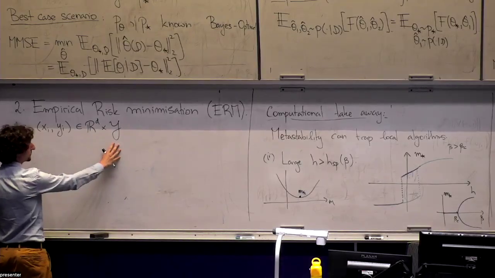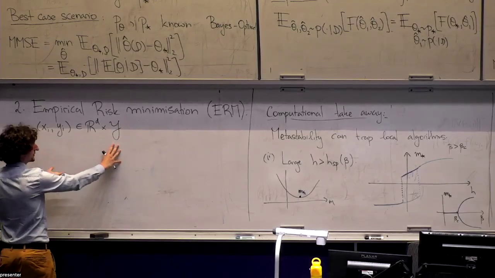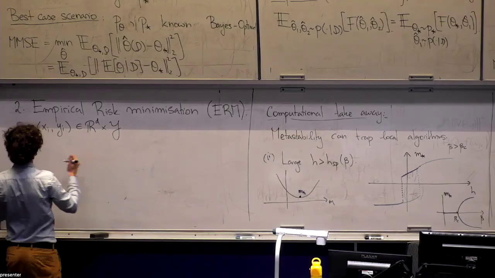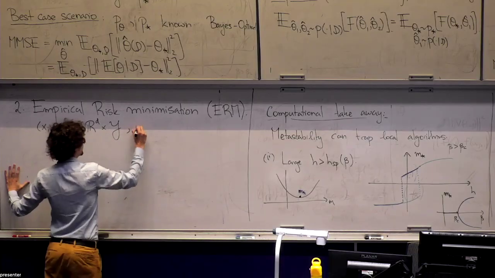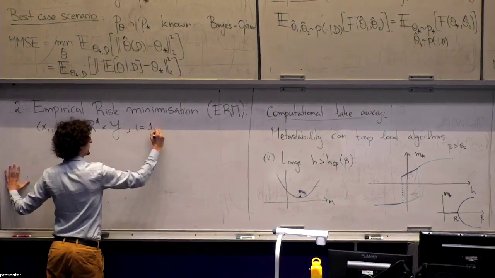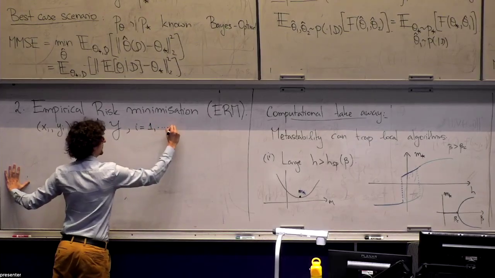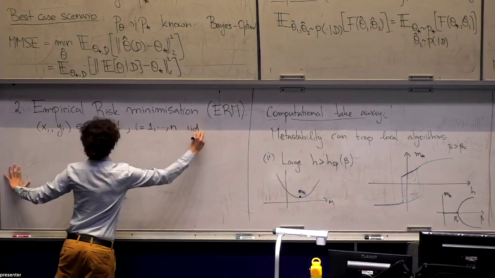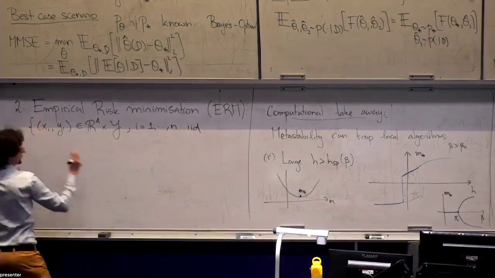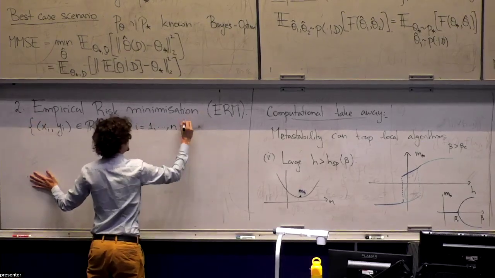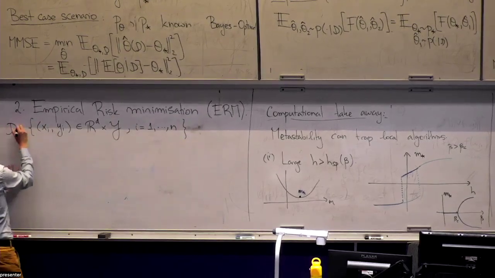You have some label space. If you're doing classification, this is a discrete set. If you're doing regression, it's a continuous set. And you have n samples, and you're going to assume that the samples are IID. So first, let me define these as my training data.